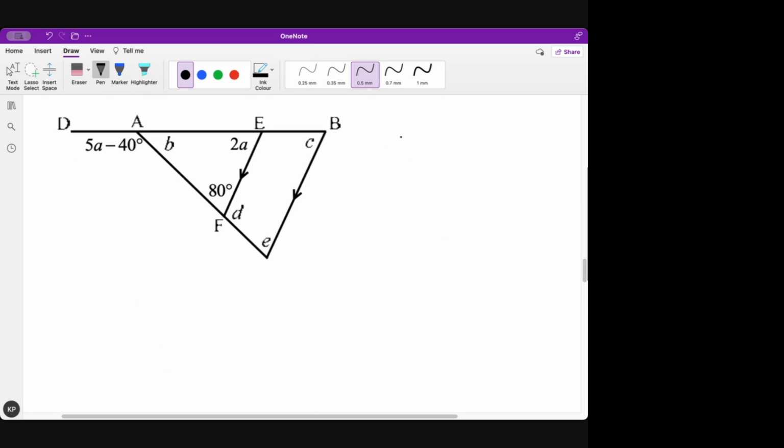The actual angle with a value. Which angle do you have here for sure, meaning one that doesn't have a variable at all?